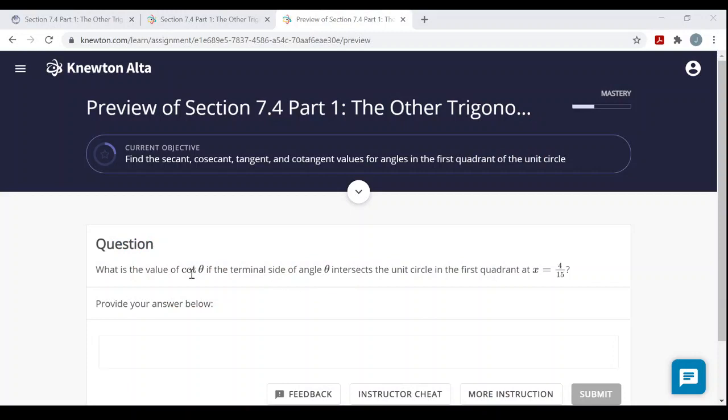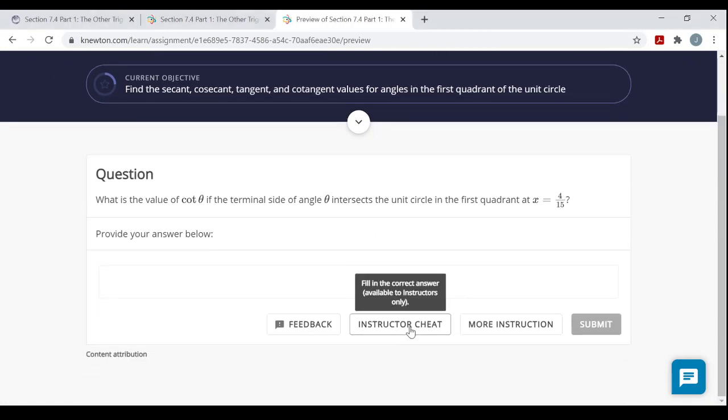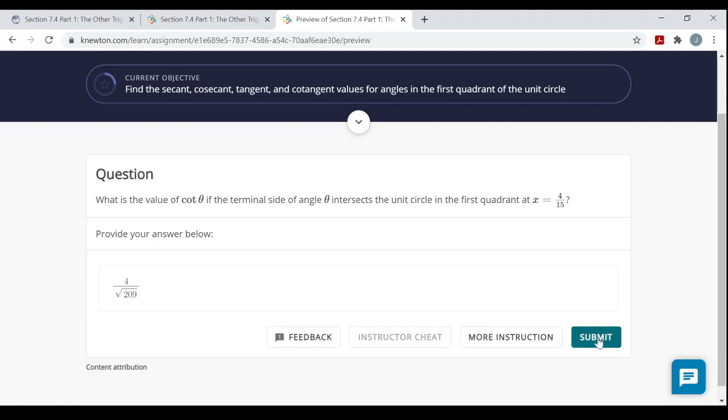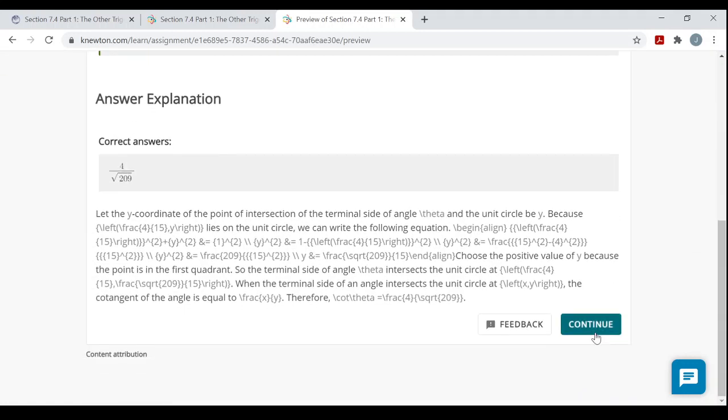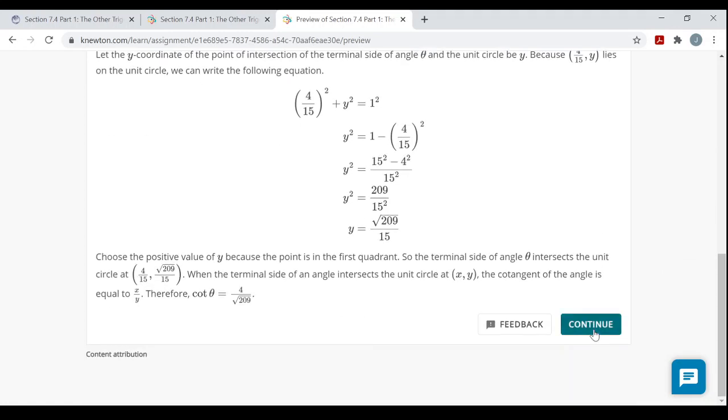This is the exact same thing, except your angle ends at a terminal side that intersects the unit circle at a point with an x-coordinate of 4/15 instead of 15/23. So I'm just going to cheat on this one and let you work through it, because it's the same kind of problem. You fill in the coordinates of that point, and then the cotangent would be the x-coordinate divided by the y-coordinate, if you're at a point on the unit circle.